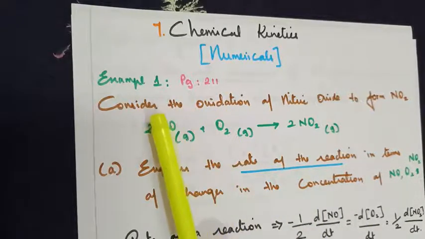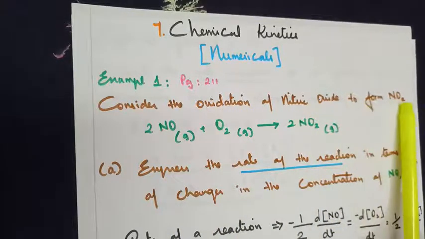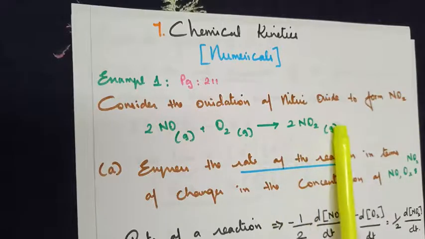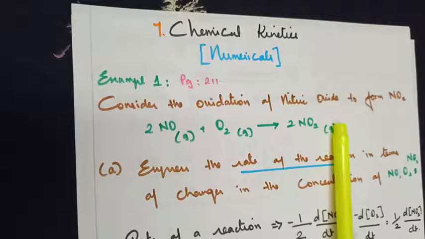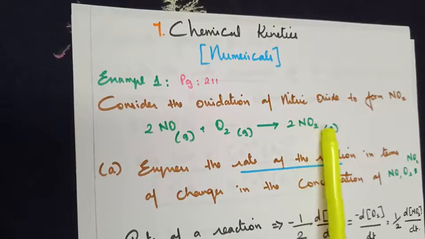The given thing is, consider the oxidation of nitric oxide to form nitrogen dioxide. The reaction is given in the textbook. Before we proceed with any of the upcoming questions, all you have to do is make sure the given reaction is a balanced one.